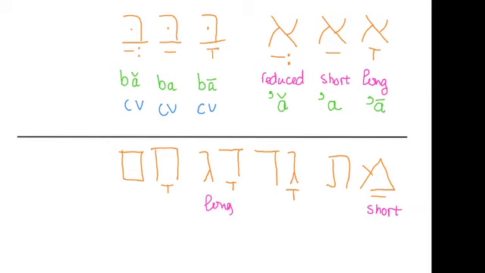The kametz is long. If you transliterate this, you get the M for the mem, a normal A because it's the short one, it's the petach, and the T with a line under it because it's the T without a dagesh.